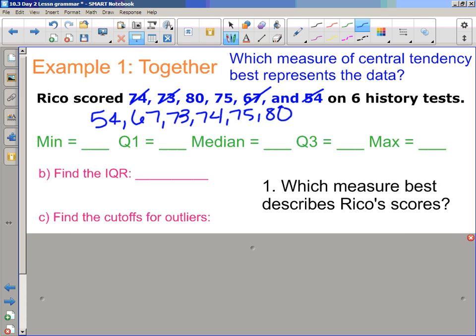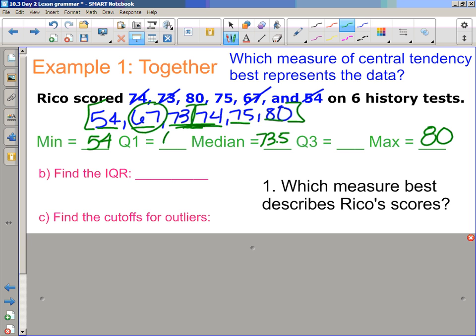Okay, so now I want you to see if you can figure out the min, Q1, median, Q3, and max since we did that yesterday. So the minimum, 54, maximum, 80, median, so right between 73 and 74. So it's 73.5. Q1 then, we split it.